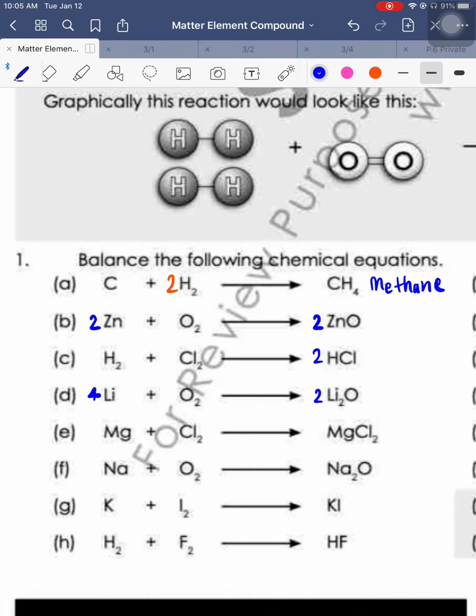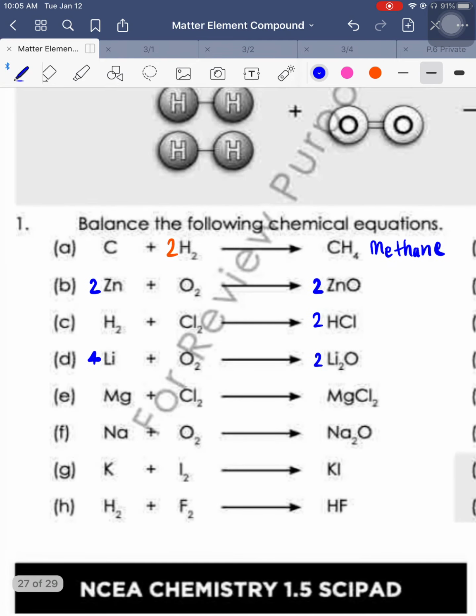Next one: magnesium reacts with chlorine to form magnesium chloride. Cl2, 1 Mg, 1 Mg is equal. No need to do anything. Next, sodium reacts with oxygen gas to form sodium oxide. Sodium 1 and sodium 2 is not equal, so put 2 sodium.